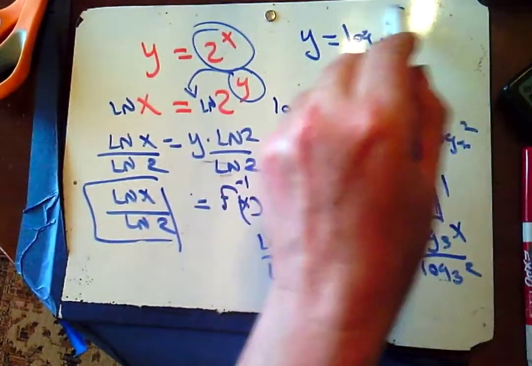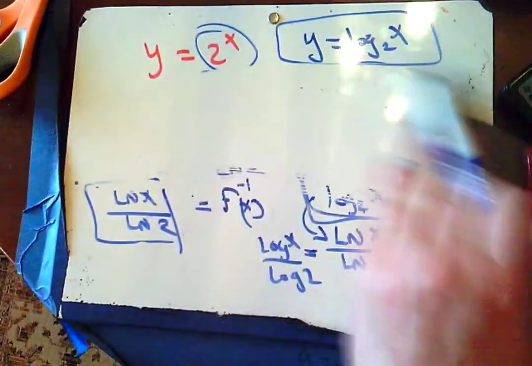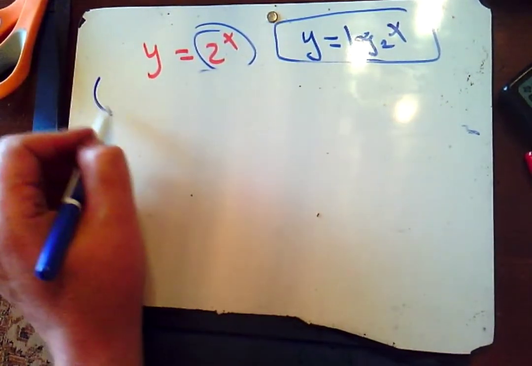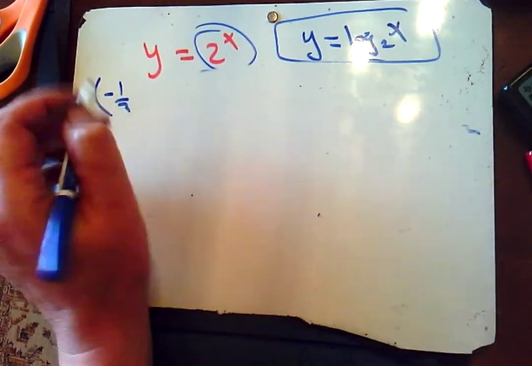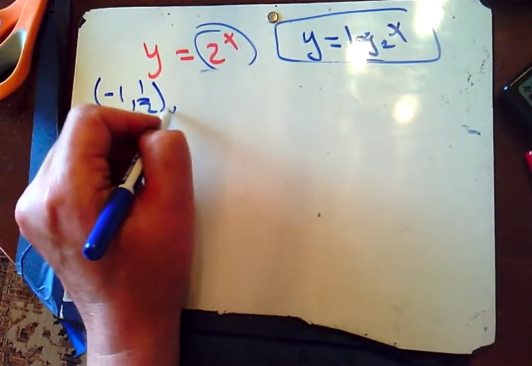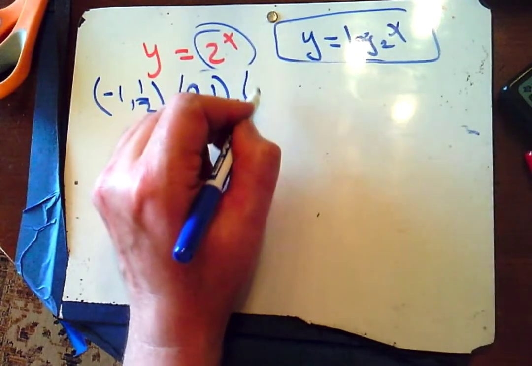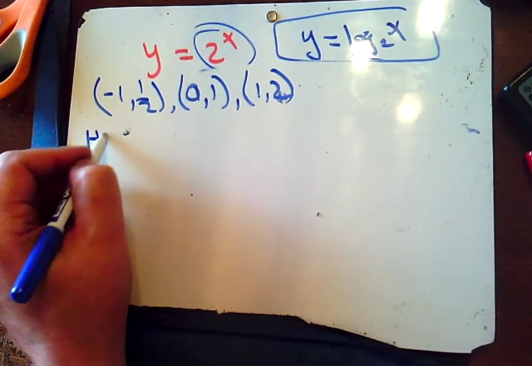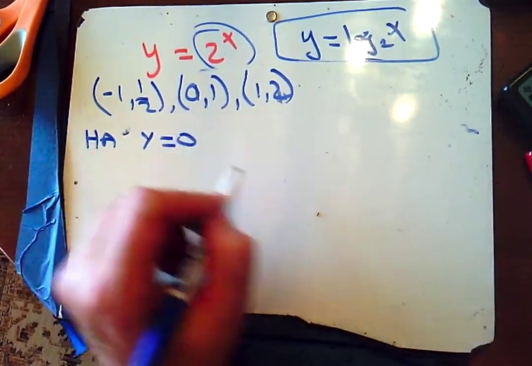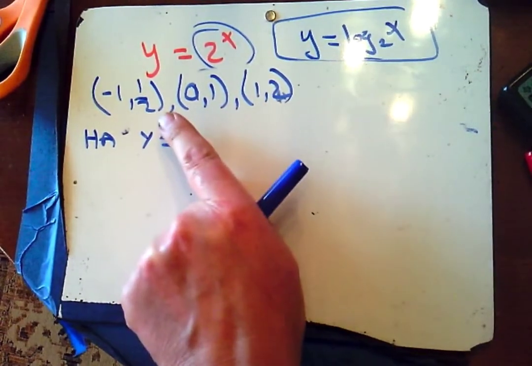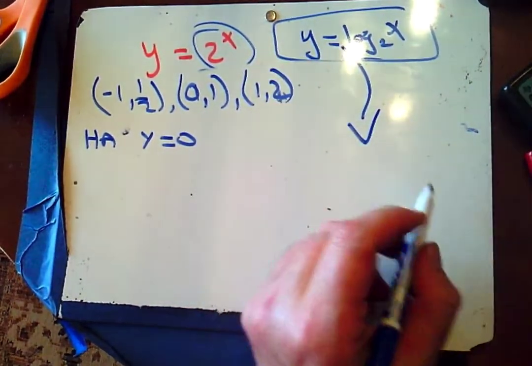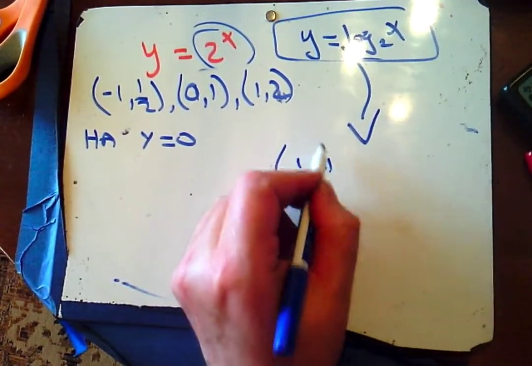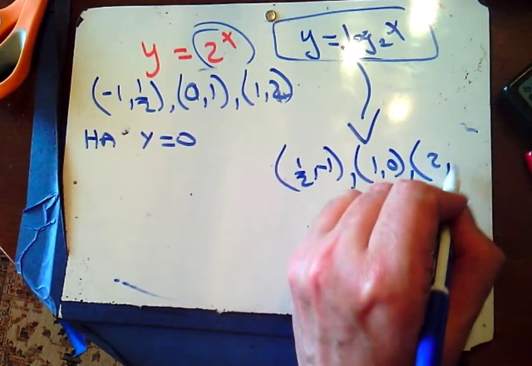this log function, okay? And what do we know about logs? Well, since this log is the inverse of this exponential, and this exponential passes through the points negative 1, 1 over b, 0, 1, 1, b, and has a horizontal asymptote at y equals 0, and I know this is the inverse of that, then I know this function passes through the inverse points, switch, switch, switch, and so I get 1 half negative 1, 1, 0, and 2, 1.